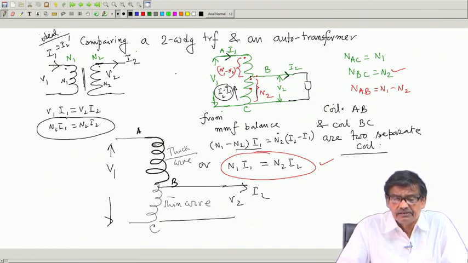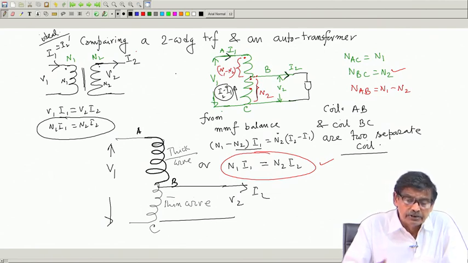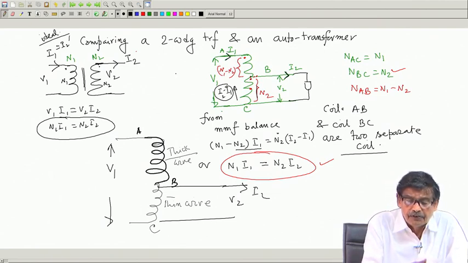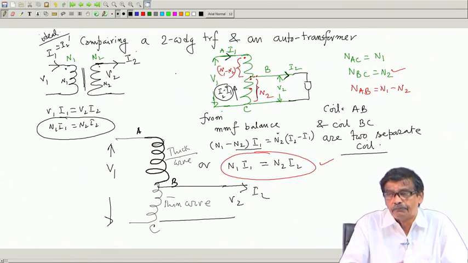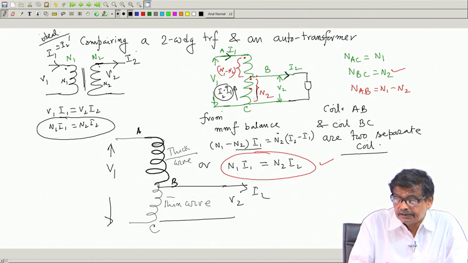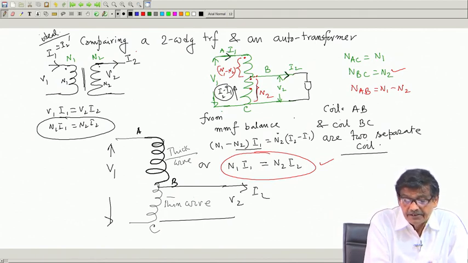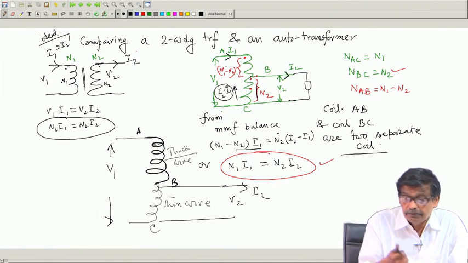If I want to change the level of voltage from one value to another, should I select a two winding transformer to do this, or an auto transformer? After looking at these things, what I have assumed is the same kVA rating, and N1 turns are the same, so the flux level in the core will be the same.